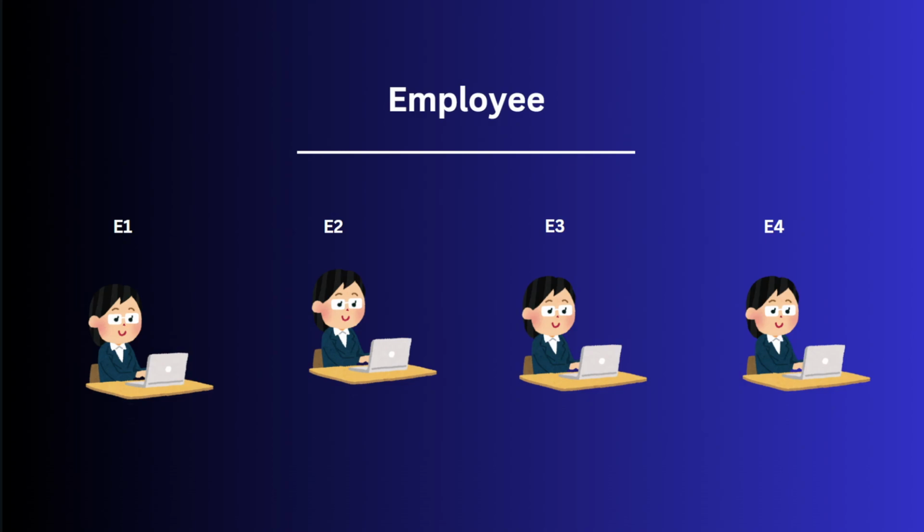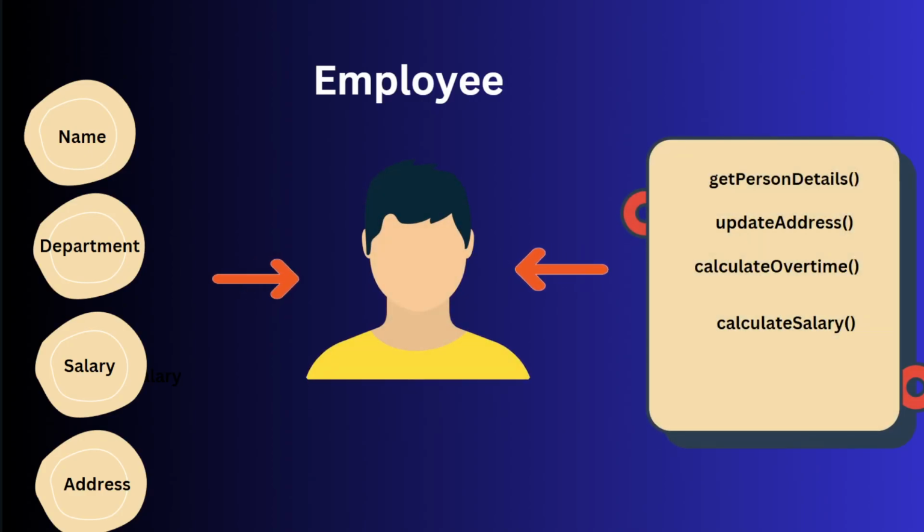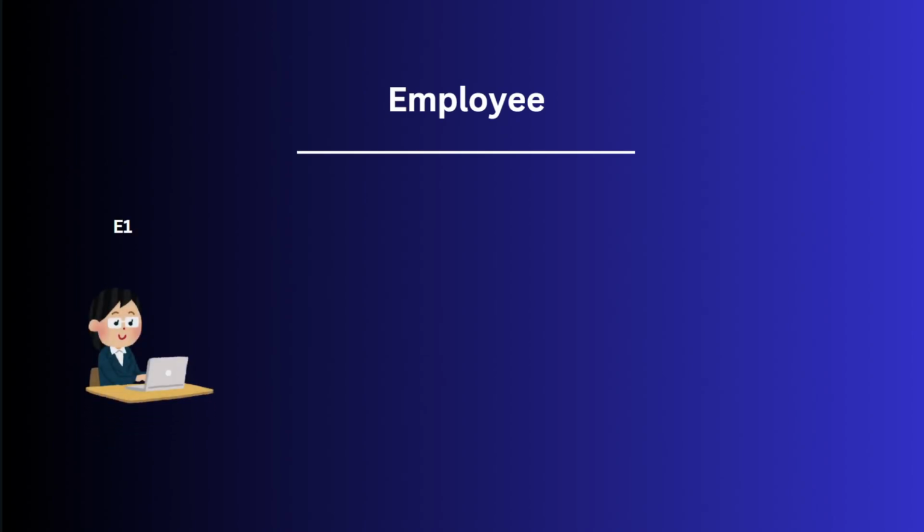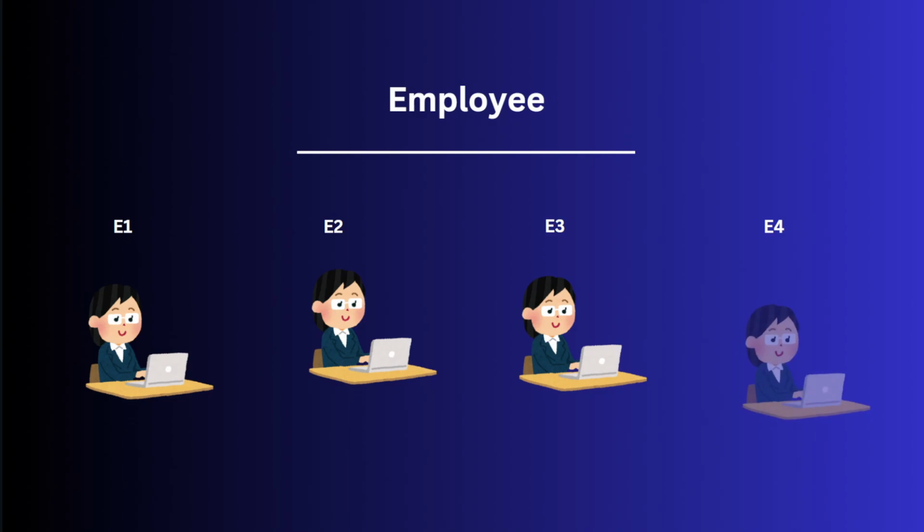Therefore e1, e2, e3, e4 are called objects, because they all refer to the blueprint, Employee. So these instances use the same blueprint. Therefore, we call Employee my class, and e1, e2, e3, e4 are the objects of that class. You can create multiple objects of any class.